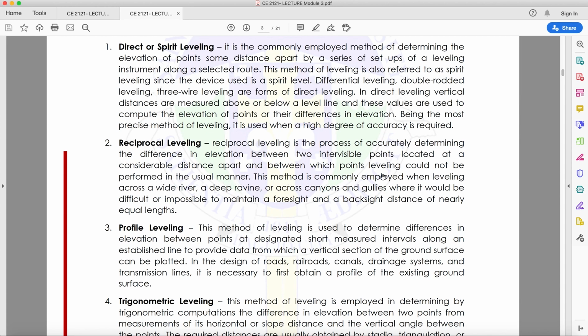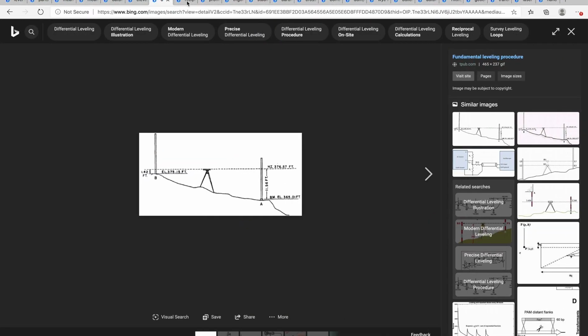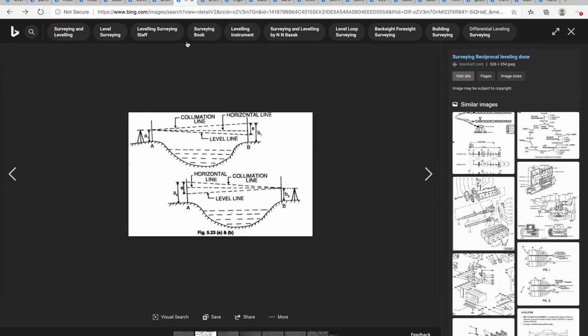This method is commonly employed when leveling across a wide river, a deep ravine, or across canyons and gullies where it would be difficult or impossible to maintain a foresight and a backsight distance of nearly equal lengths. So this is how reciprocal leveling looks like. This is point A and this is point B, intervisible locations. Point B can be seen from point A, and point A can be seen from point B.